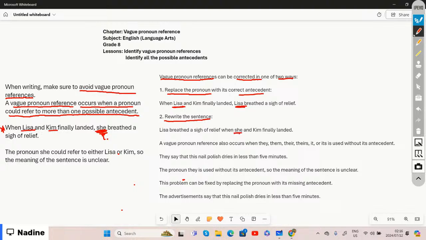Now our pronoun refers to Lisa because they've added Kim's name again. Because now we are changing the wording of the sentence. So instead of saying Lisa and Kim finally landed, we are now saying Lisa breathed a sigh of relief when she and Kim finally landed, which means that the she refers to Lisa.